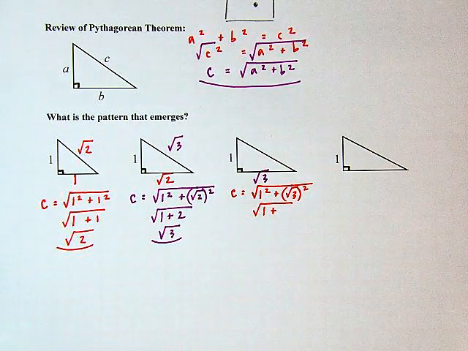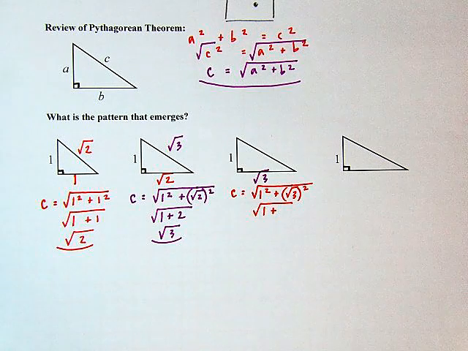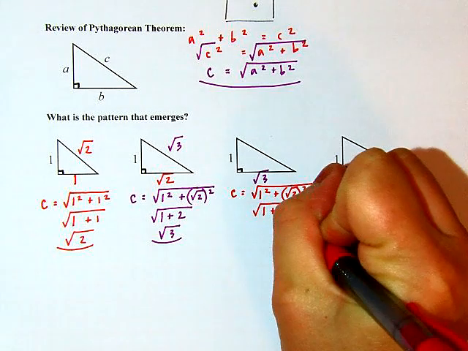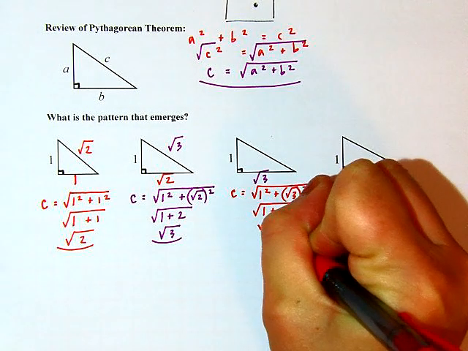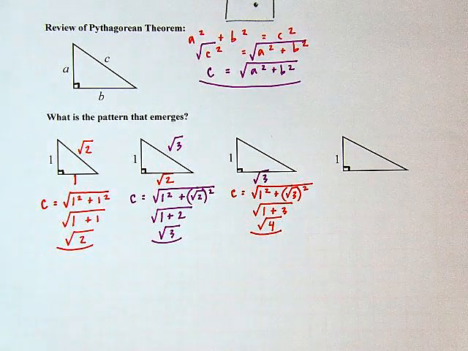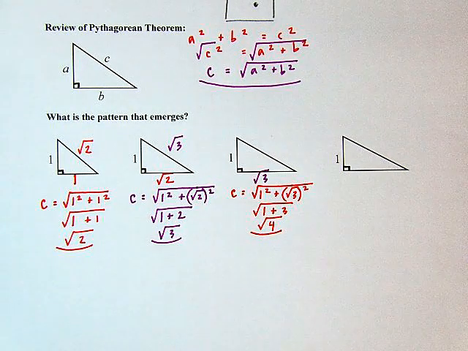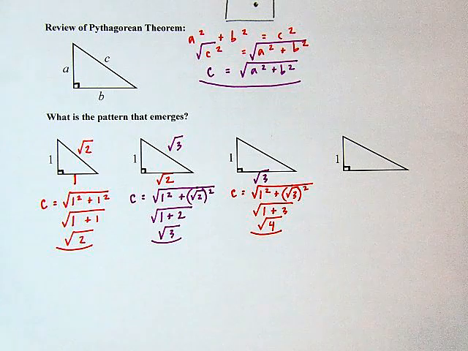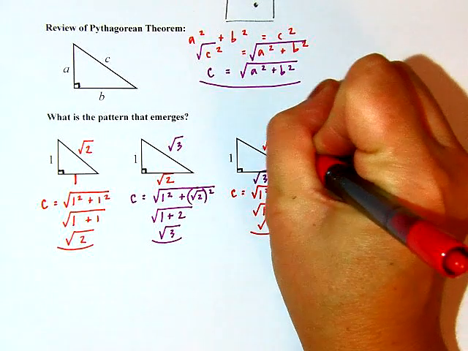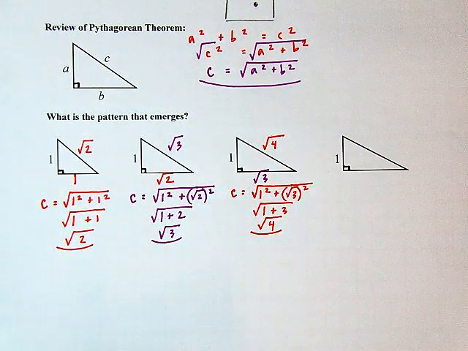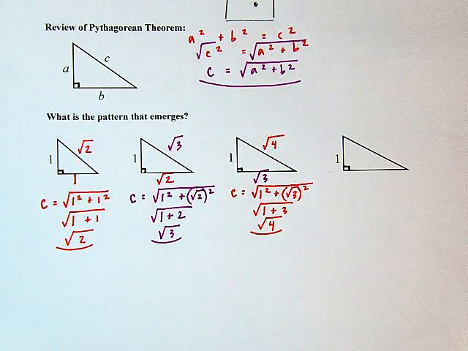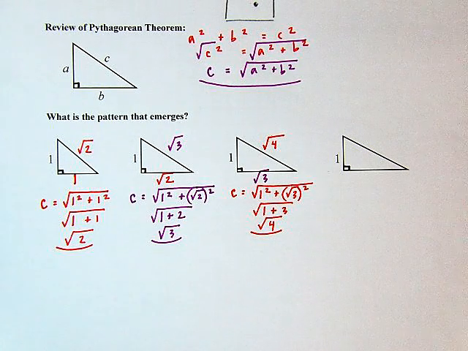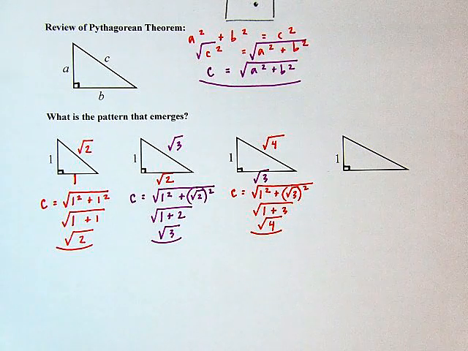The square of root 3, right? Root 3 squared is just 3. So I get the square root of 4. Now I know that I can simplify that. I'm just trying to show you what everything looks like in radical form. So I'm going to leave that as the square root of 4, even though I know it can simplify to just 2.